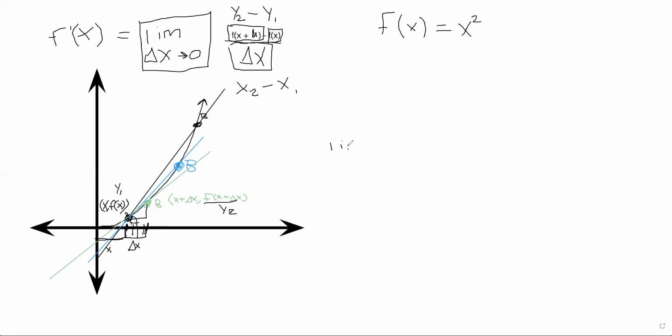So we have the limit as delta x approaches 0. And then we're going to do f of x plus delta x. What I want to do is take this function and replace everywhere I see an x with an x plus delta x. So that means instead of x squared, we're going to have x plus delta x squared.